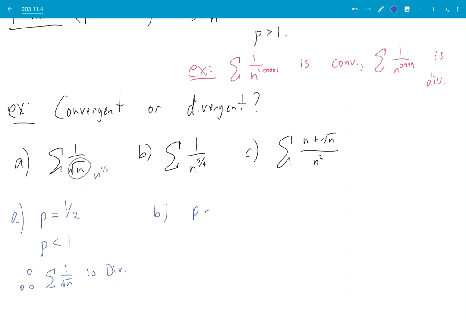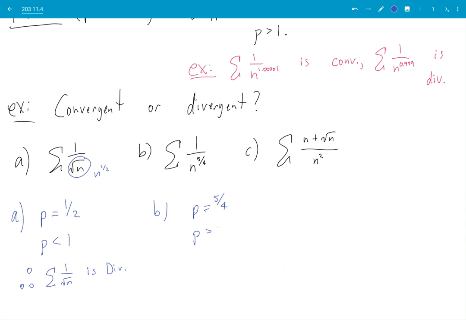B, p is 5 over 4. So p is bigger than 1 in this case. So the summation is divergent. Whoopsie daisy.